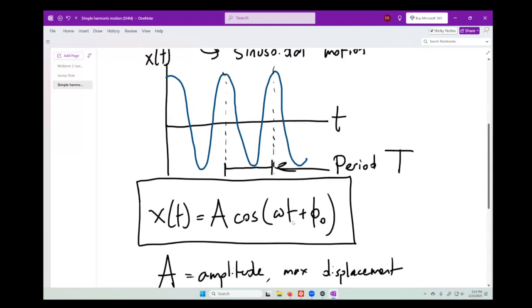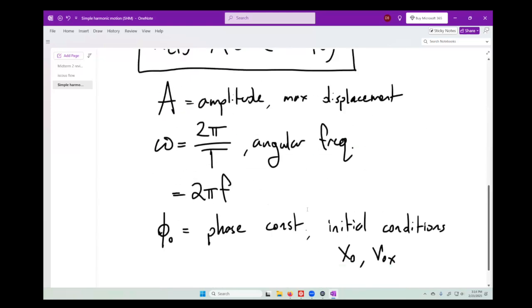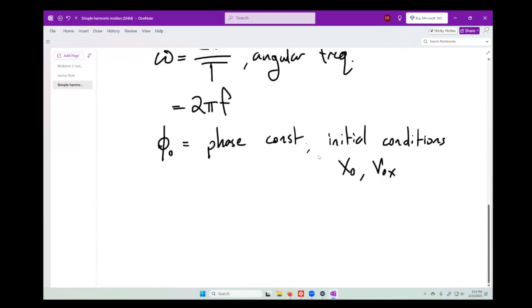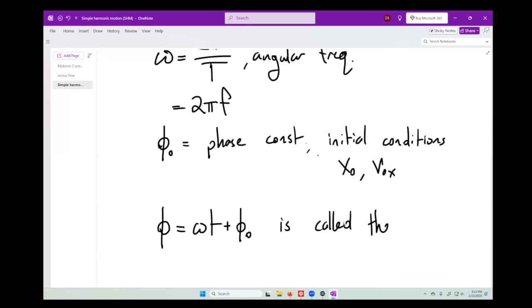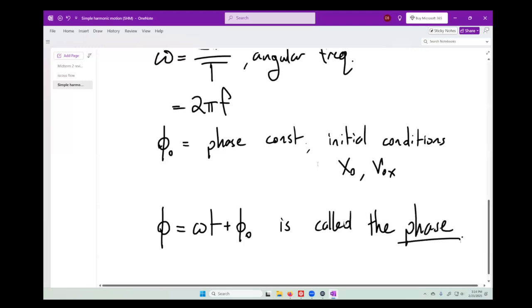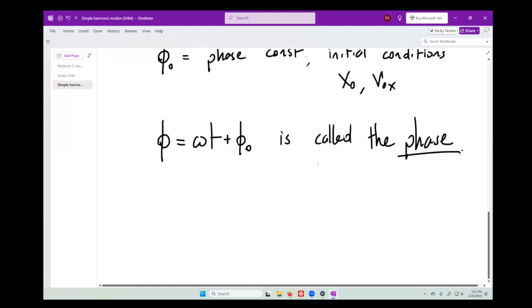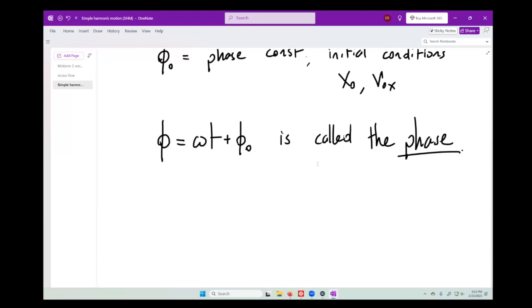Now we talked about the idea that this cosine function is a function of an angle. That angle we call the phase. How should we interpret that angle? It's not a real physical geometrical angle that we can measure with a protractor, but we can give it a physical interpretation.